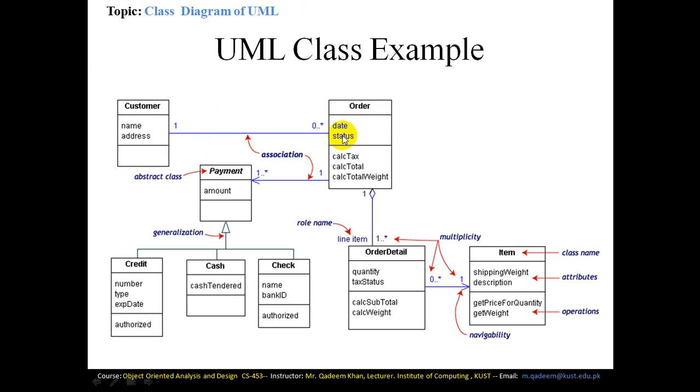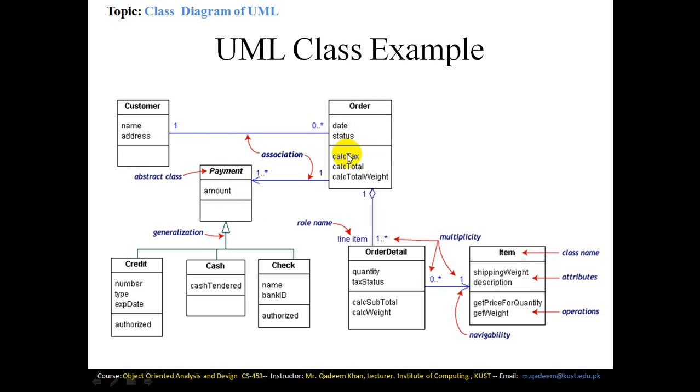This is the order class, which includes date and status, two different attributes, and it has calc tax function, calc total function, calc total weight function, and so on. Another we have payment, and there is only an amount variable as the attribute. There is no function in the payment.